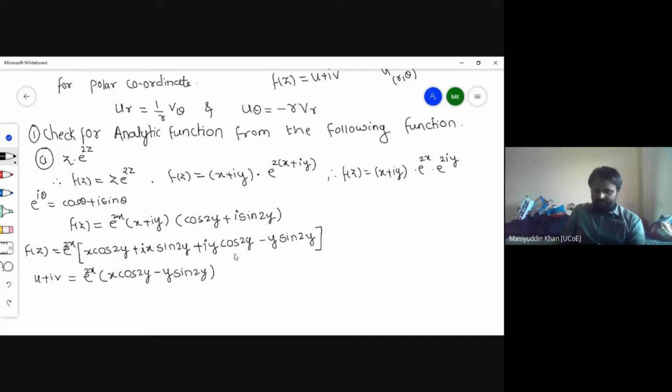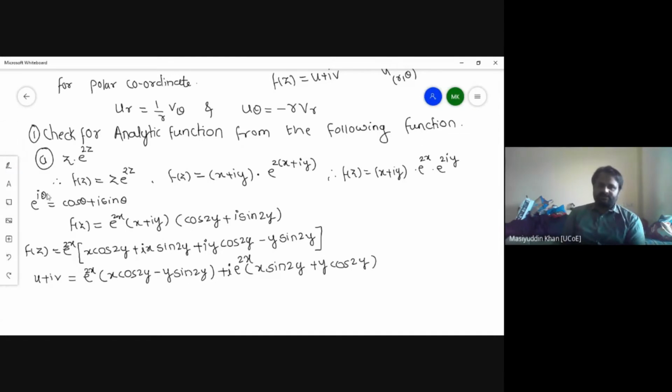And what is the imaginary part? The i part. So plus, taking i as a common factor, e raised to 2x as it is, and i outside. The remaining part becomes x sine of 2y plus y into cos of 2y.